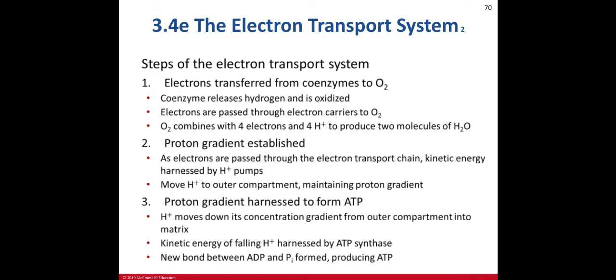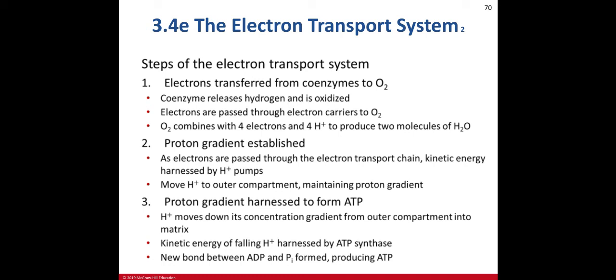How it all works: we're going to have electrons that are transferred from the coenzymes to oxygen. The coenzymes release hydrogen and are oxidized. The electrons pass through the electron carriers, and then the O2 combines with the 4 electrons and the 4 hydrogens and makes 2 molecules of water.